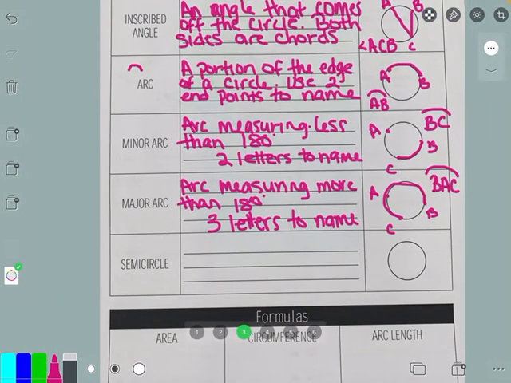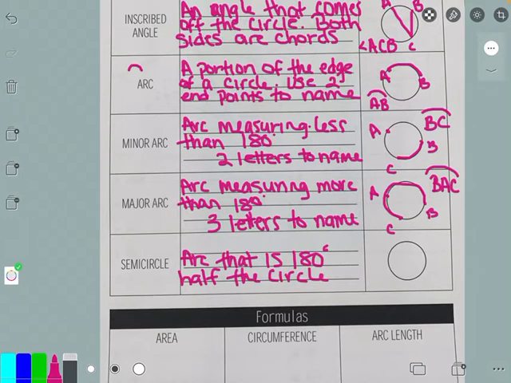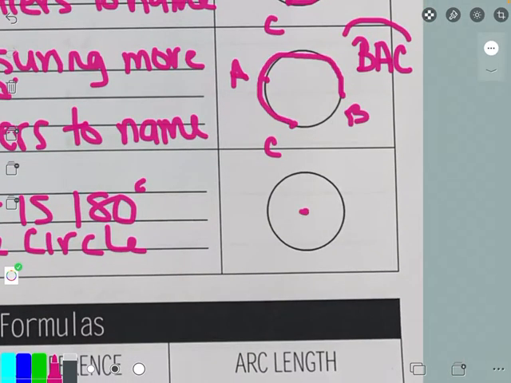Lastly, we have a semicircle, which is an arc that's exactly 180 degrees, exactly half a circle. So we would use the diameter to do that.